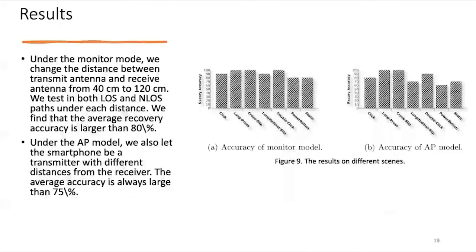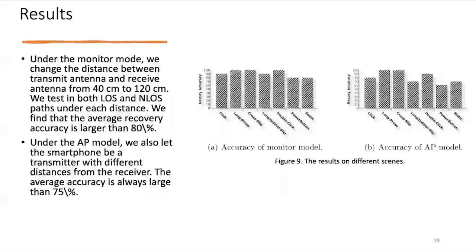Under monitor mode, we change the distance between the transmit antenna and the receive antenna from 40 cm to about 120 cm. We also test in both LOS and NLOS paths under each distance. We can find that the average recognition accuracy is larger than 18%.